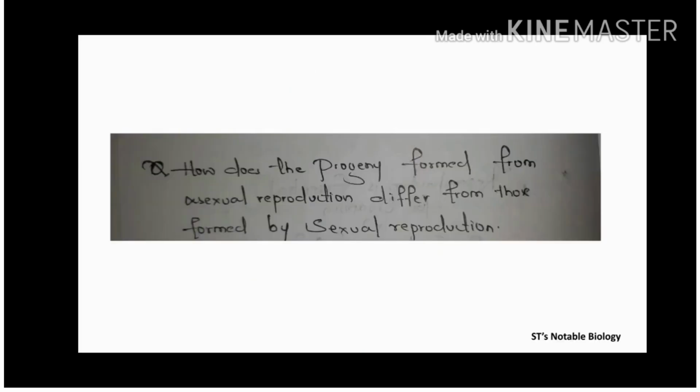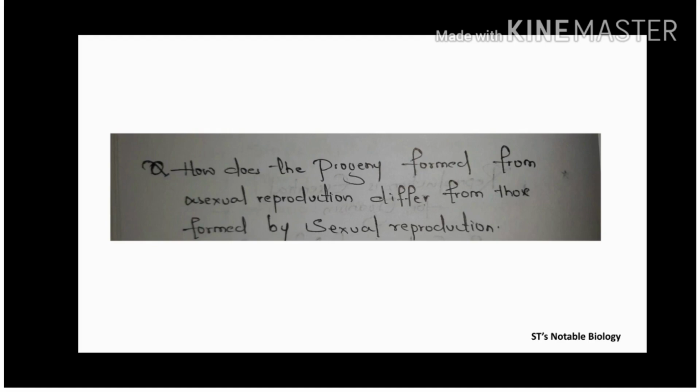So let's discuss one question. How does the progeny formed from asexual reproduction differ from those formed by sexual reproduction? We haven't discussed sexual reproduction yet, but we can answer this question.